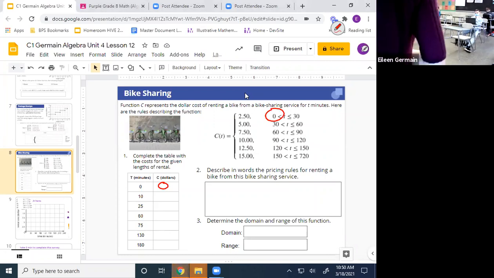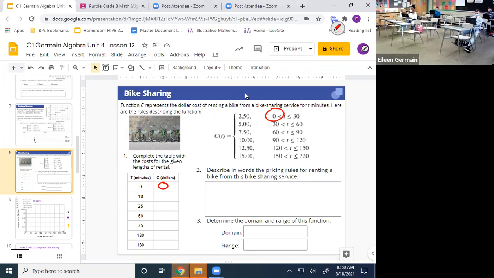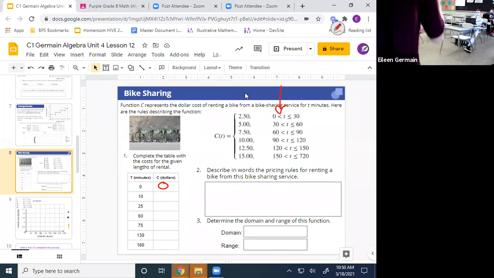So it's going to be $0 because it says it's all the way up to 0 minutes, but not including the 0 minutes. If you're looking at that symbol, that was probably the trickiest of the trickster questions in this table here. You had to look at those symbols. The symbol down here on the left bottom edge of this interval is telling us it's not going to be or equal to the 0. So 0 is going to be $0.